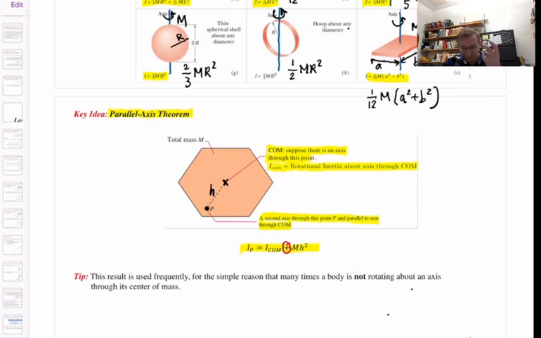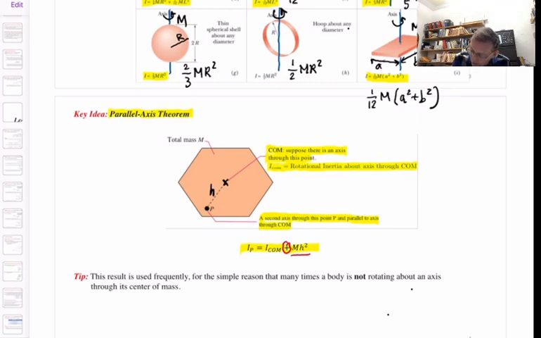So more. What do I add on to ICOM? I take the mass of the whole thing times the perpendicular distance h between the two parallel axes, squared. That's the parallel axis theorem.